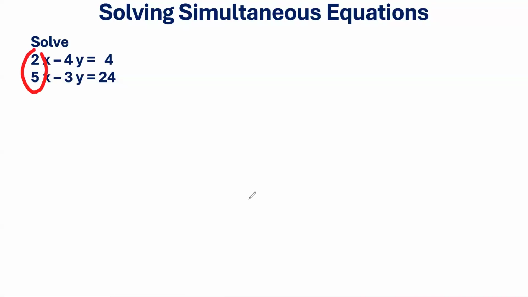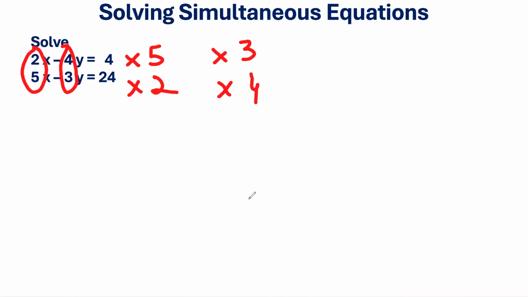You can multiply equation number 1 by 5 and equation number 2 by 2. Or if you want to eliminate y, then these constants will play the role. You can multiply equation number 1 by 3 and equation number 2 by 4. You have to select any one.